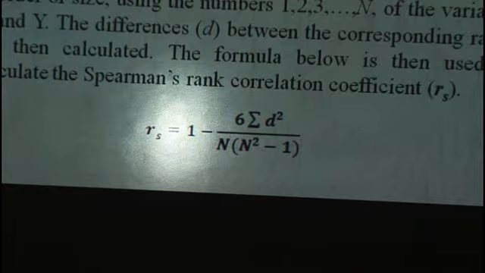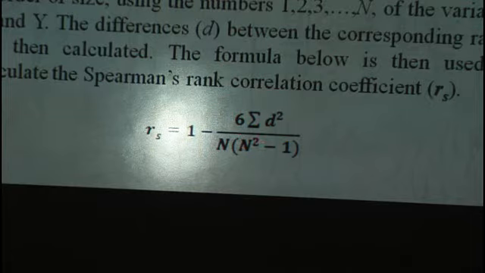With this formula, we say r sub s is equal to 1 minus 6 sigma d squared divided by n, open bracket, n squared minus 1, close bracket.